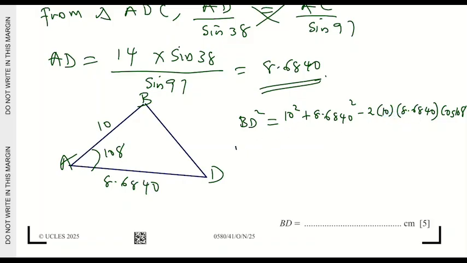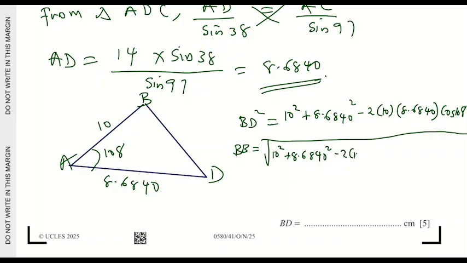So I can say BD equals the square root of everything, I just input it into my calculator. So you have 10 squared plus 8.6840 squared minus 2 into 10 into 8.6840, then multiply by cos 108.